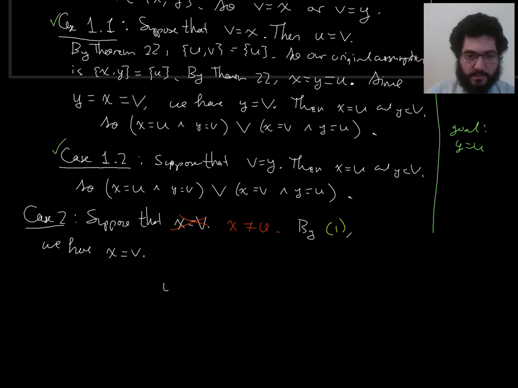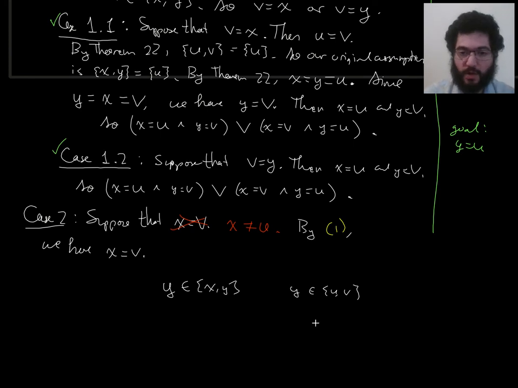So I could start by focusing on the fact that y is in there, and therefore y is in there. So either y is u or y is v. Then if y is u, then I'm done, and if y is v, then I'm in another complicated case. But here's a way in which the new and improved red version of case 2 helps.